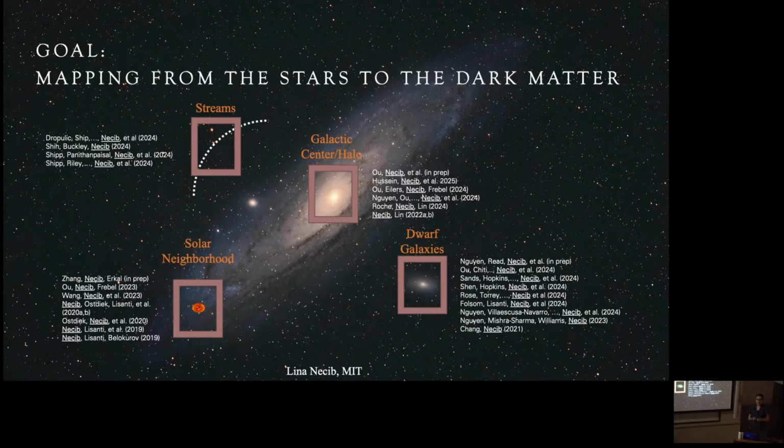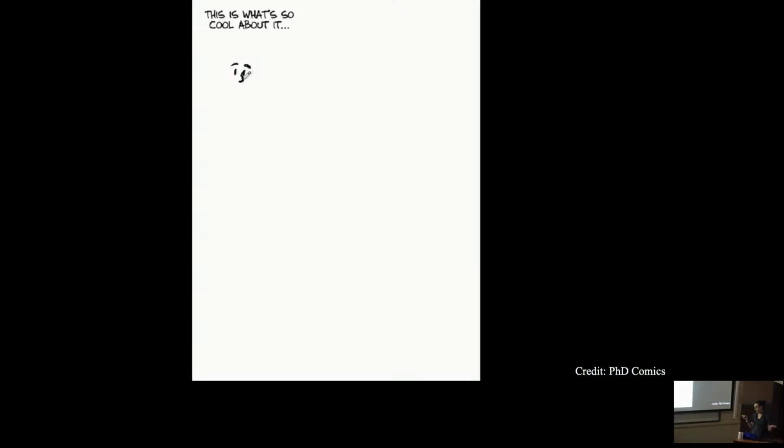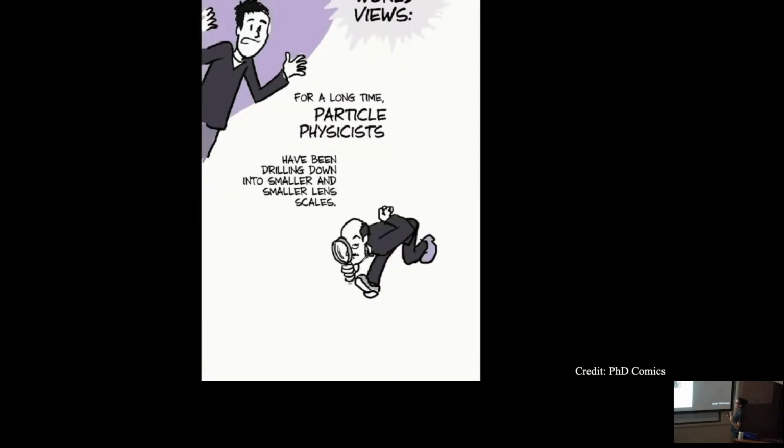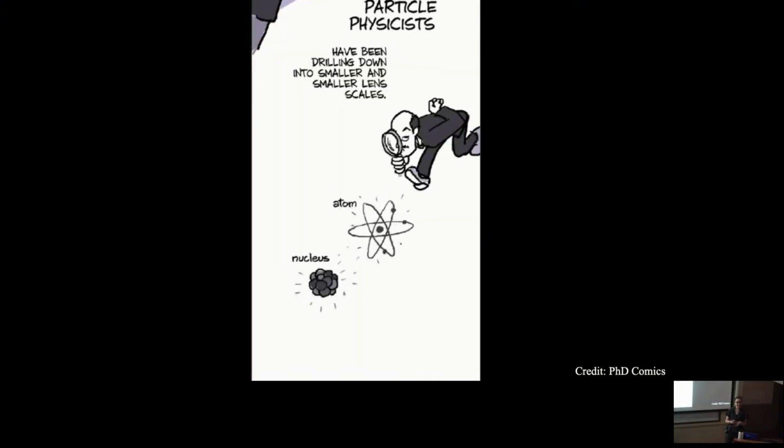Something that very much dates me, because apparently it's not cool anymore, is PhD Comics. But this is what I think about dark matter. Dark matter is really a clash of worldviews. For the longest time, particle physicists, including myself, have been looking at smaller and smaller structures, and smaller and smaller masses of dark matter candidates, trying to build theories that explain this missing mass.